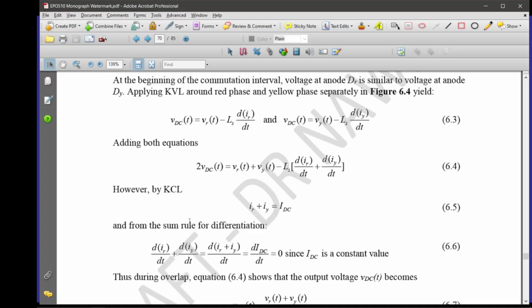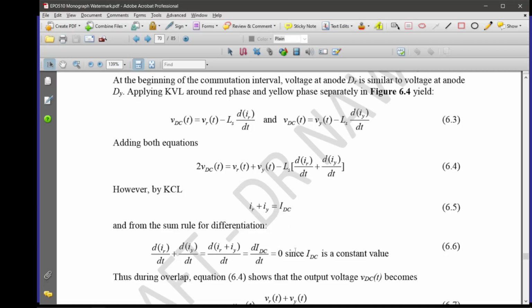If you do the differentiation, dIR plus dIy over dt equals dIDC over dt. Since IDC is a constant current, the derivative is 0 because it is a constant value.